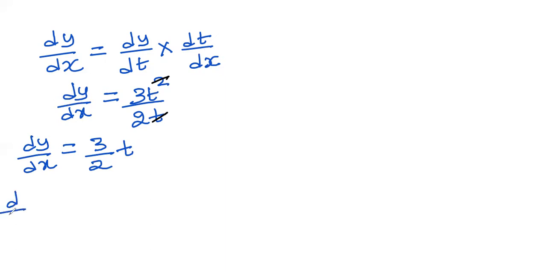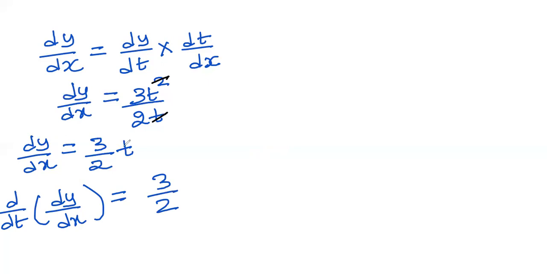For that, let's differentiate dy over dx with respect to t. So what do we get over here? We get 3 over 2, because d over dt of t is going to be 1. Now we will put everything into our general expression. So d squared y over dx squared will be equal to 3 over 2 times dt over dx.